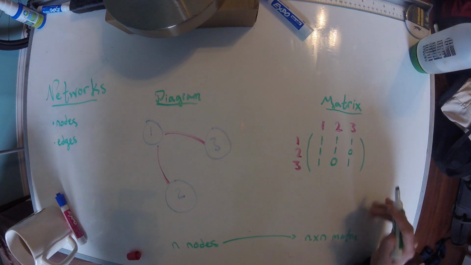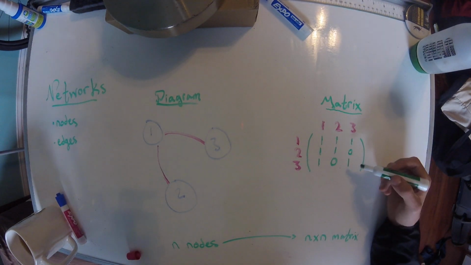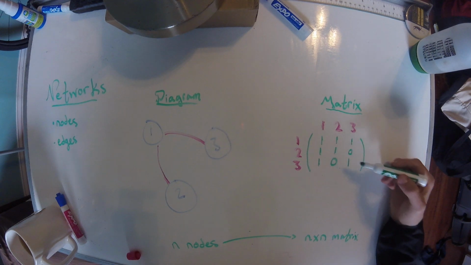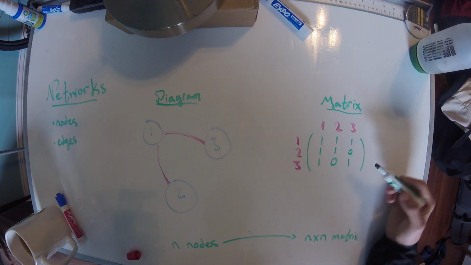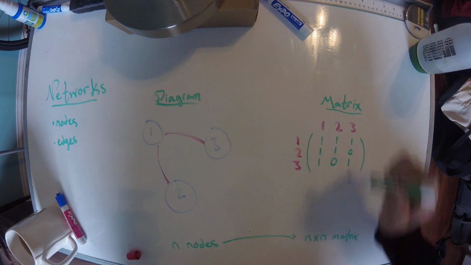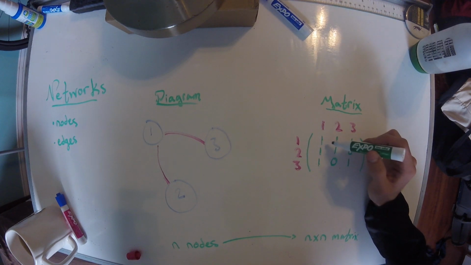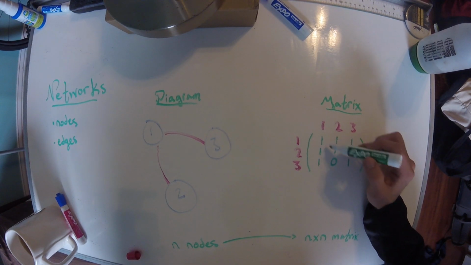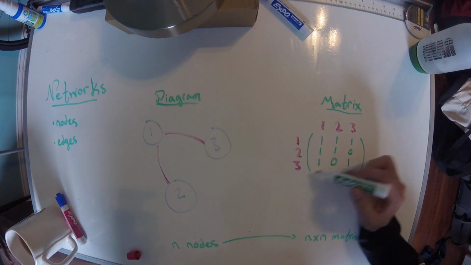So, get over it. One thing that I want you to notice here is that this matrix is symmetric. And what that means is that if you look at just the lower, this is our diagonal. The diagonal is defined by the entries whose row and column is the same. So 1 and 1, 2 and 2, 3 and 3.